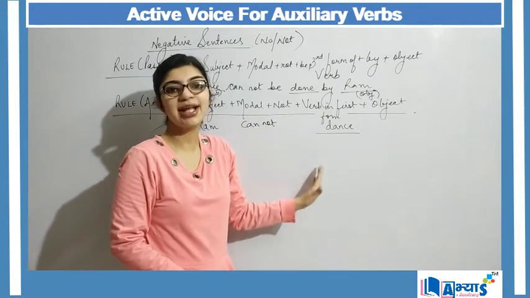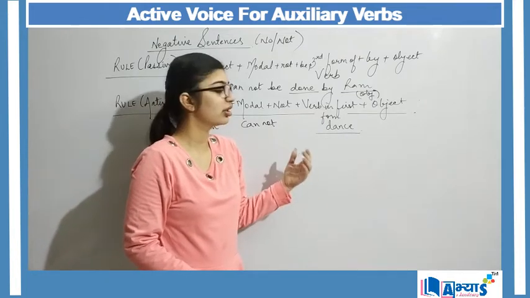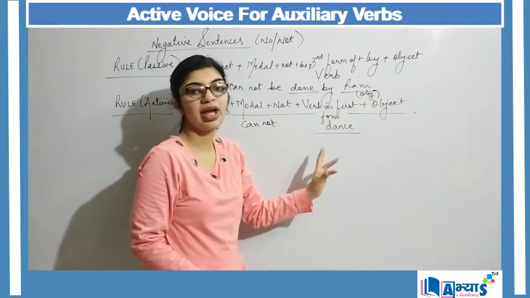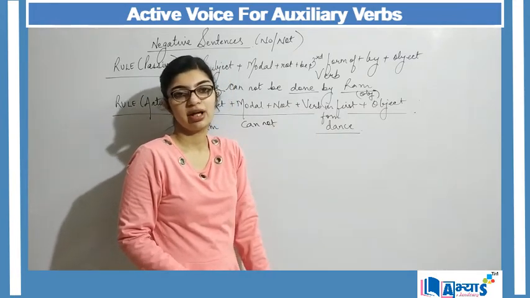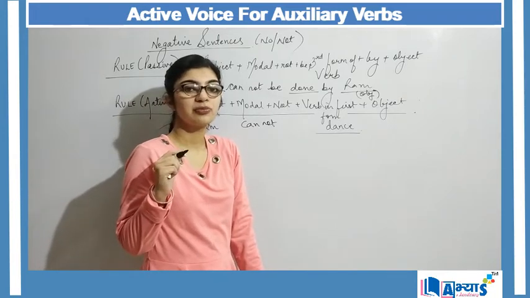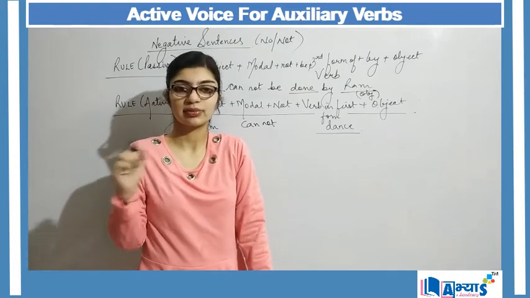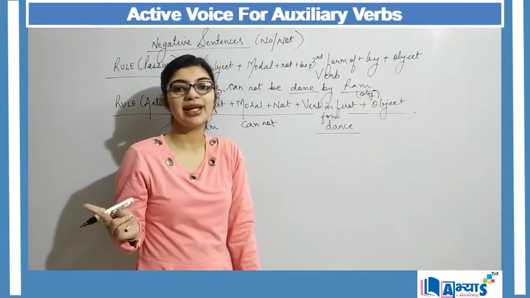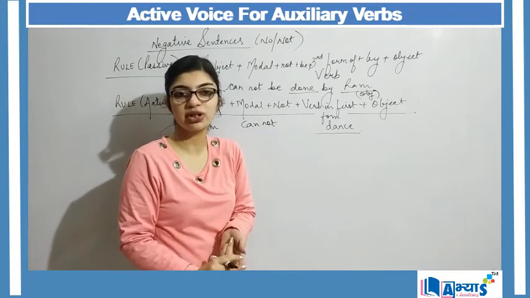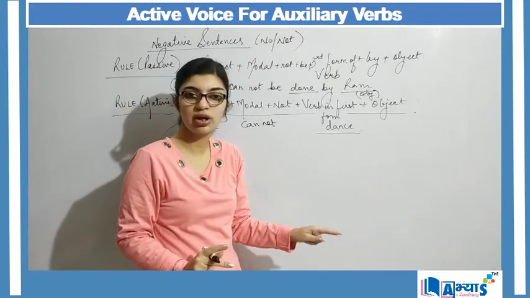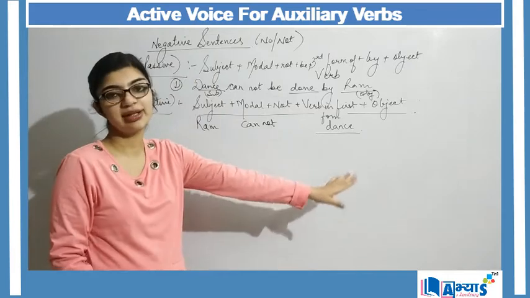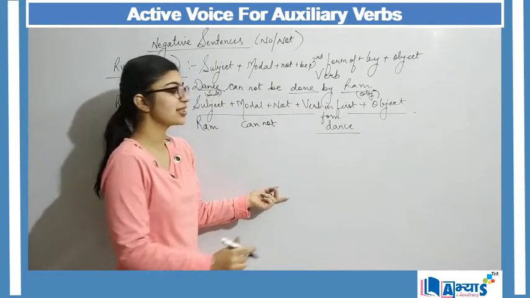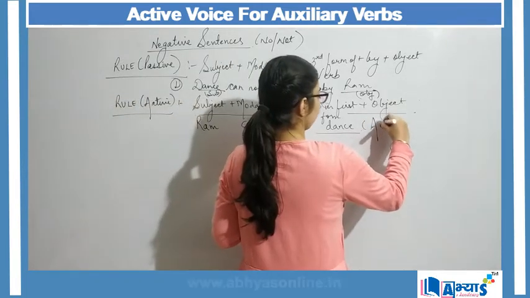Do dance and dance mean the same, but with do dance, the sentence is wrong. So we remove do and we say dance. We do play cricket, we play cricket. Do is a verb, play is a verb. Two verbs cannot come together. We eliminate do as a verb and we just say dance.